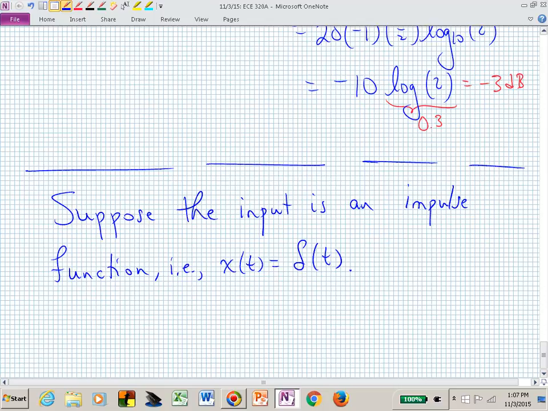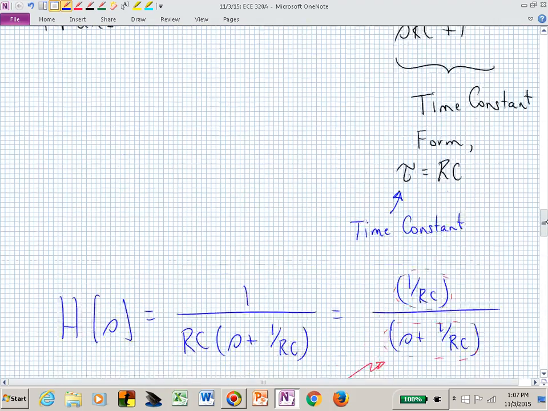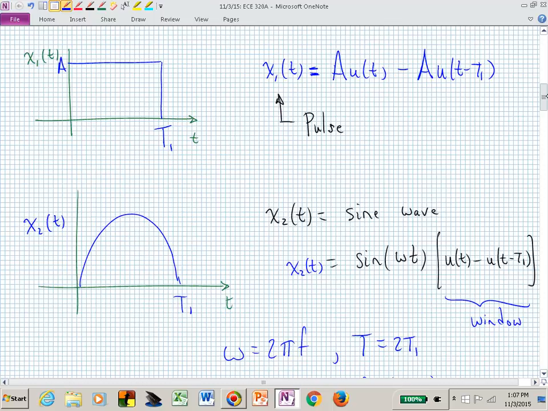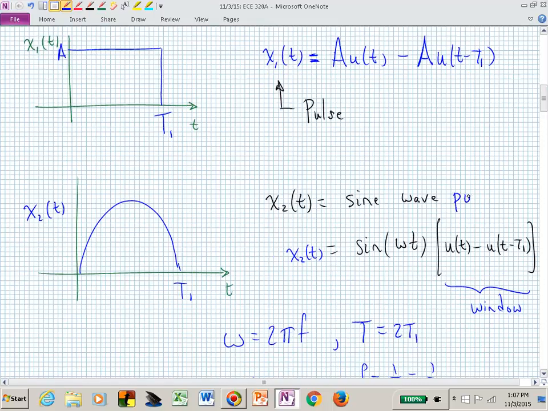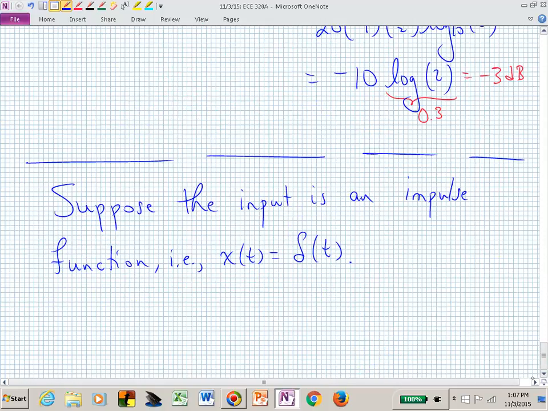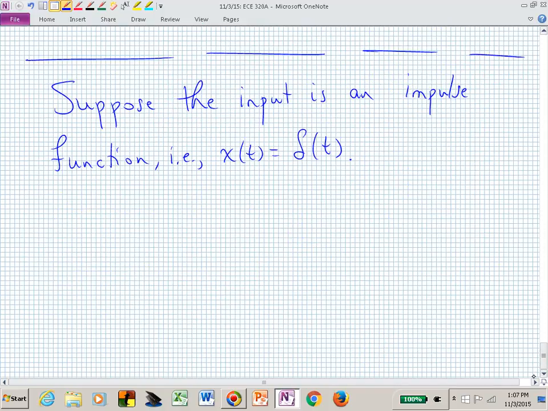X of t is now an impulse. We said x1 at one point was this pulse, and x sub 2 was this sinusoidal pulse. Now we're saying what happens when the input is in fact just an impulse.